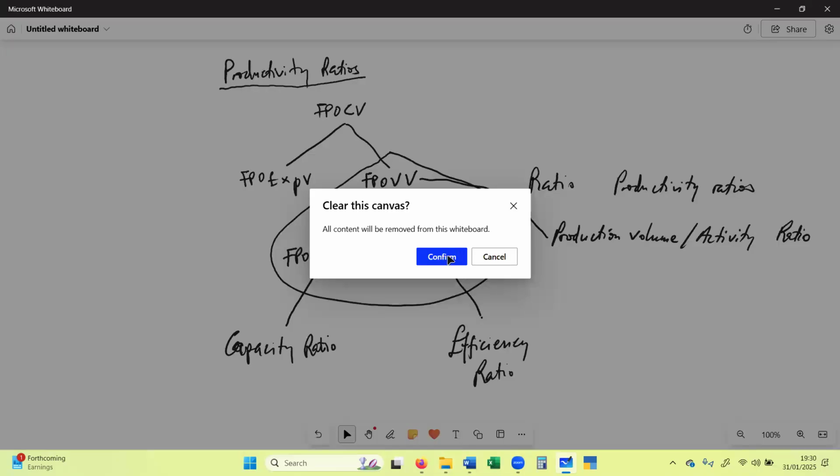All right, let's see how. Let's start with the efficiency ratio. The efficiency variance is standard hours minus actual hours, right? You remember? Hello?